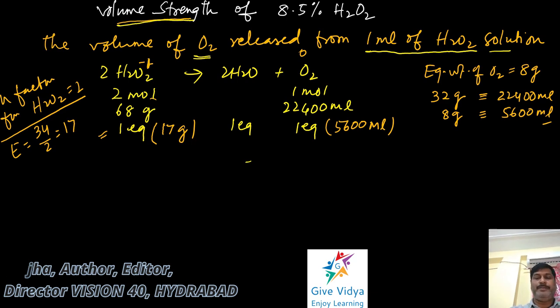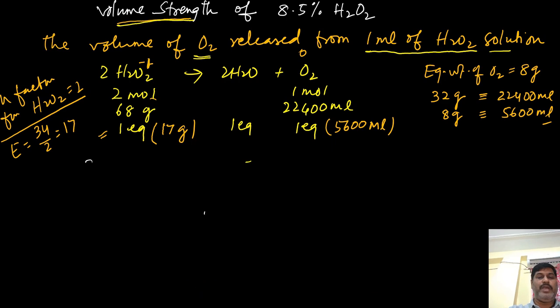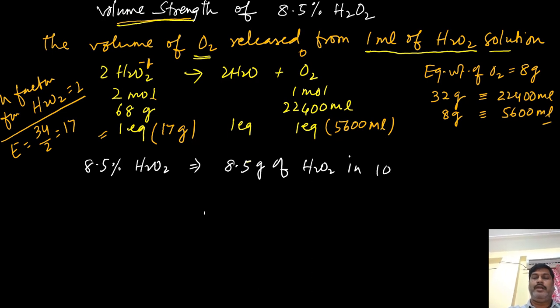Now let's take this 8.5% H2O2. What we have been given, the 8.5% H2O2 given. What does it mean? It implies 8.5 gram of H2O2 in 100 ml of H2O2 solution.